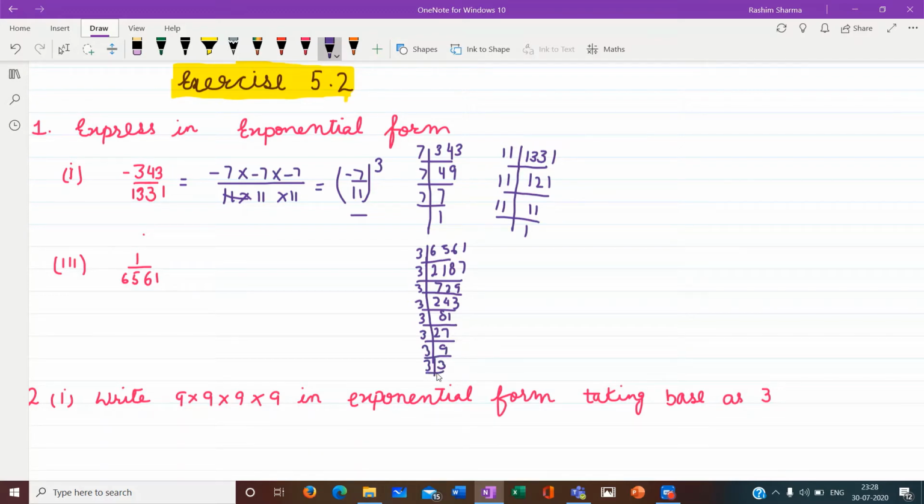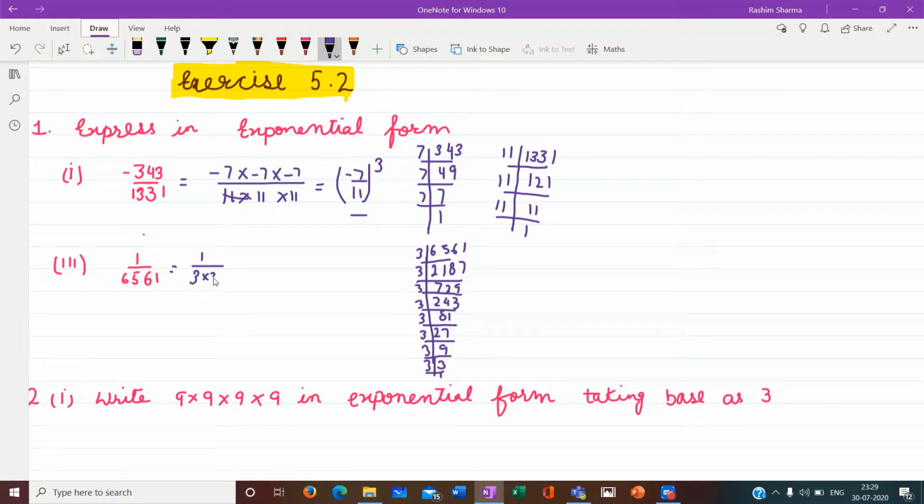Okay, so we can see here 1 upon, counting 1, 2, 3, 4, 5, 6, 7, 8. So we got here 8 times 3.